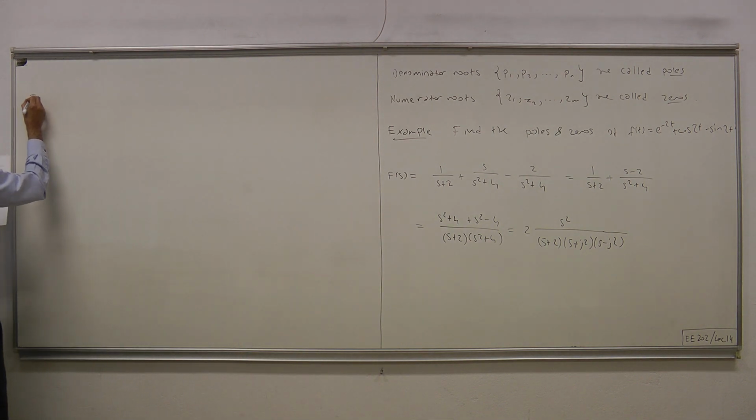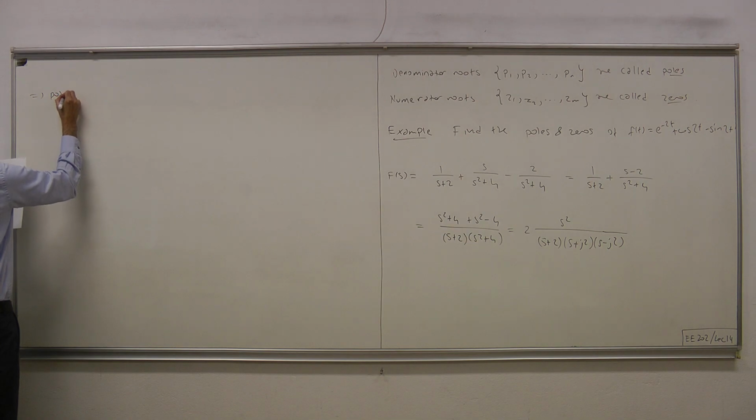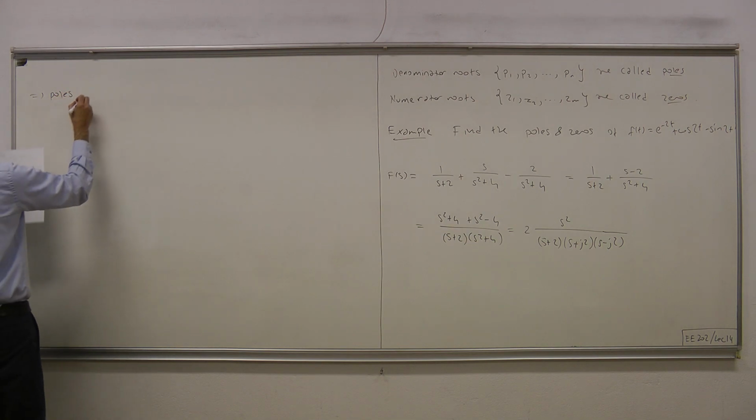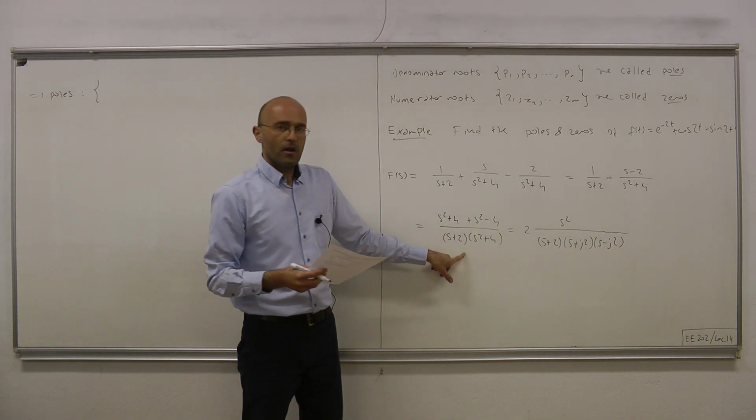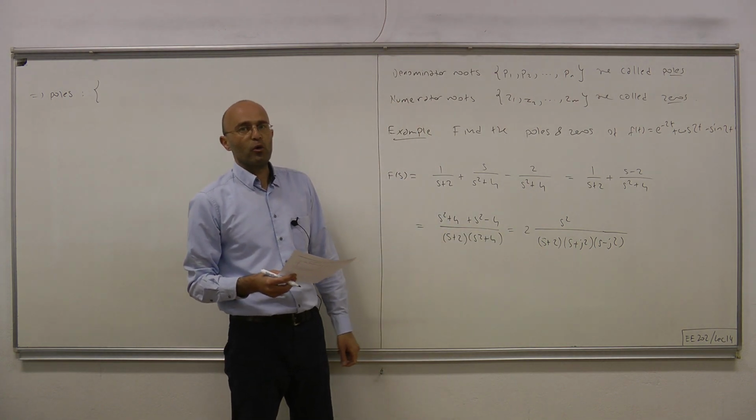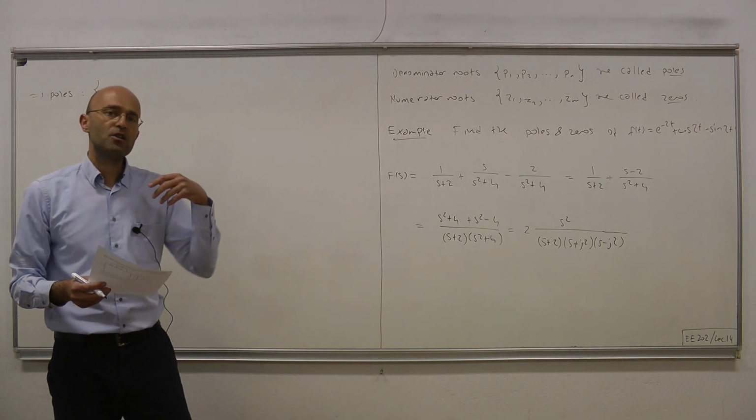So the poles of F of s are at, we have a third order denominator polynomial, so that makes 3 roots, so that makes 3 poles.